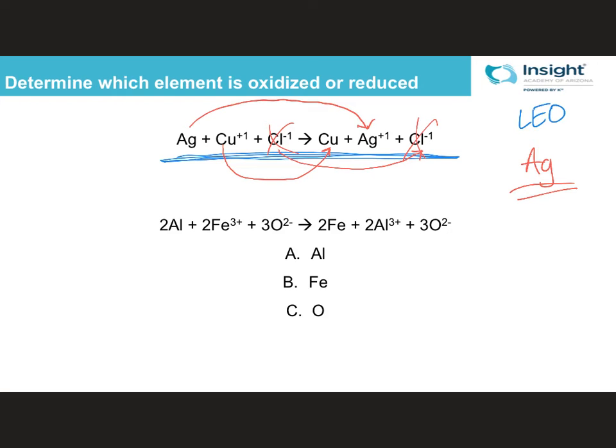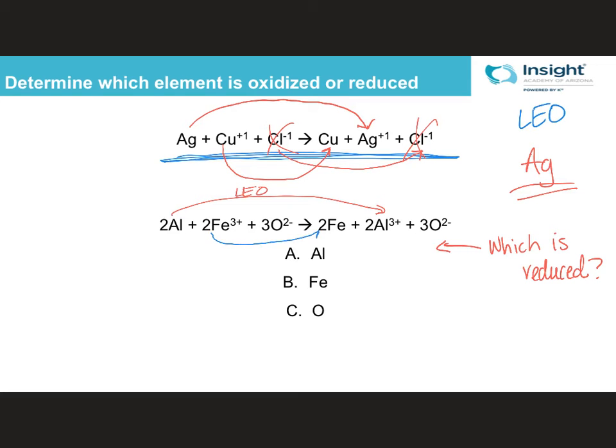All right. How about for the second set, which is reduced? Pause the video if you need some more time to figure it out. But again, for reduced, I'm looking for something that is gaining electrons. Aluminum, that's Leo, it's losing electrons.